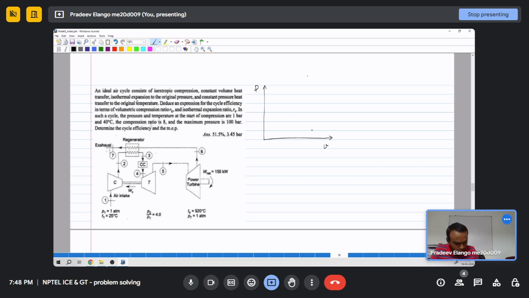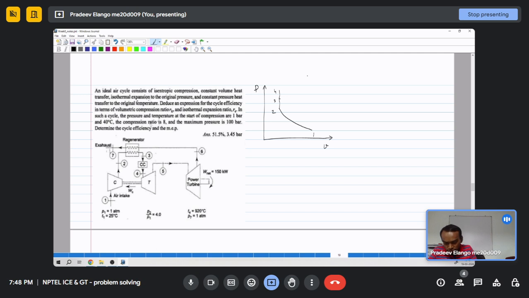So we have something like this from 1 to 2, and then a constant volume heat addition. So that would be like this, from 2 to 3, and somewhere there is 4.